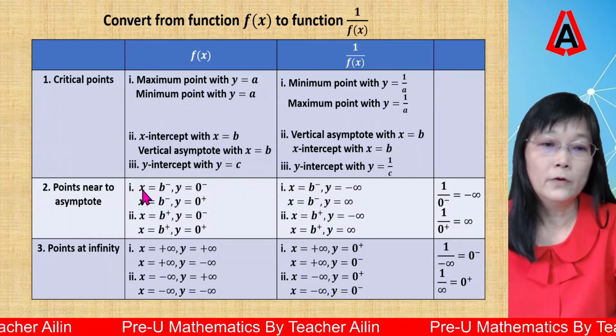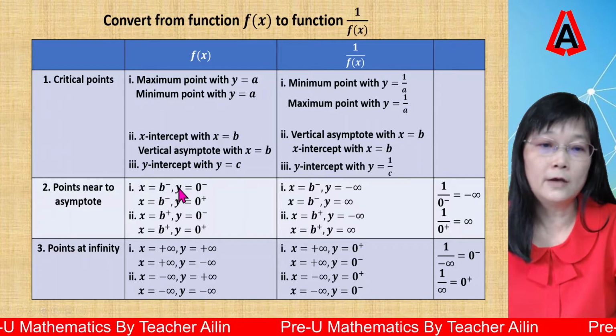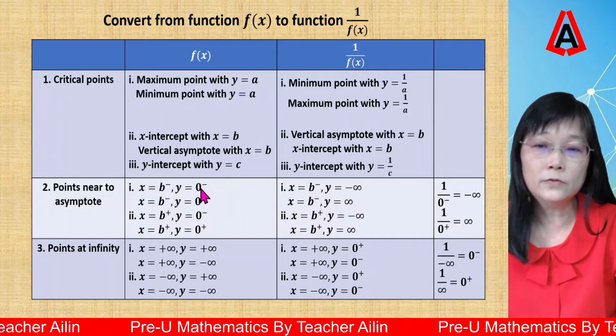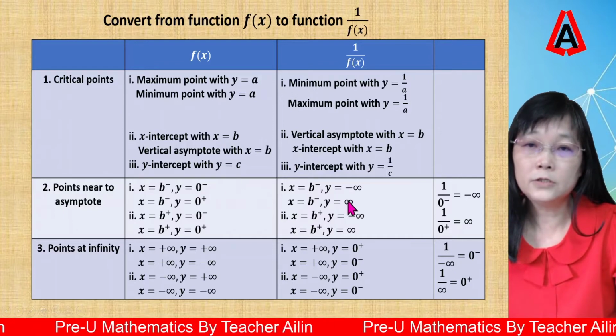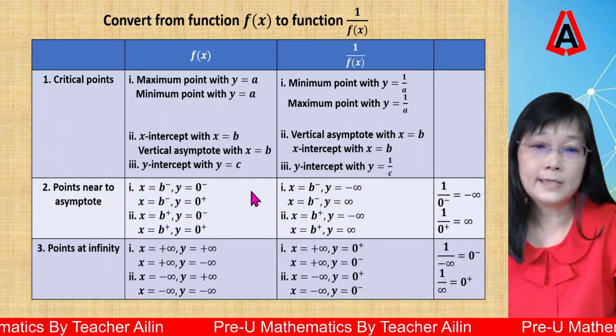Now, when x is slightly less than the vertical asymptote and y is slightly less than 0, when converted into the reciprocal function, the x value is still the same.